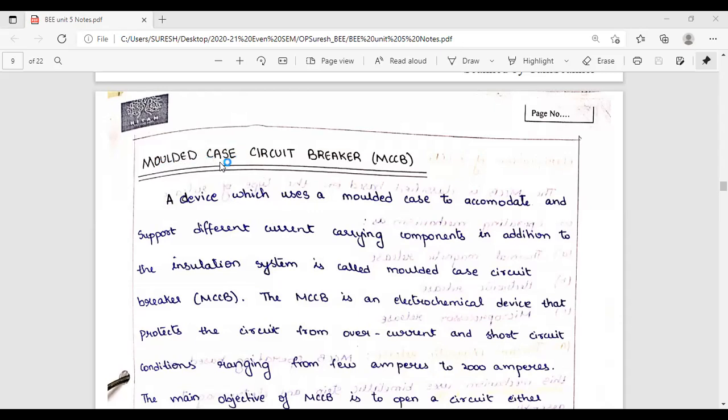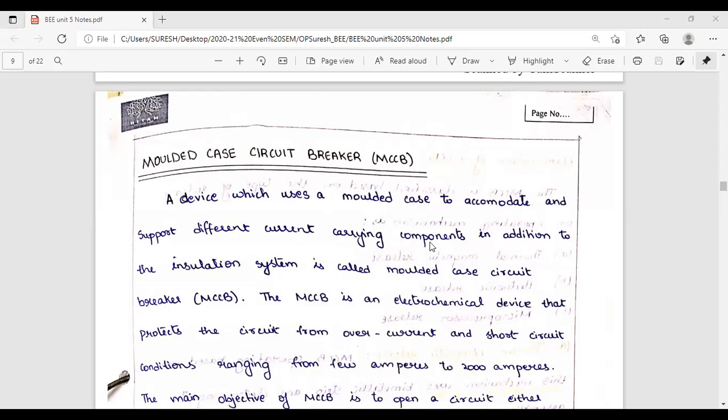What do you mean by molded case? It accommodates and supports different current carrying components. So different current carrying components are placed inside one box along with the insulation system. That is called a molded case.